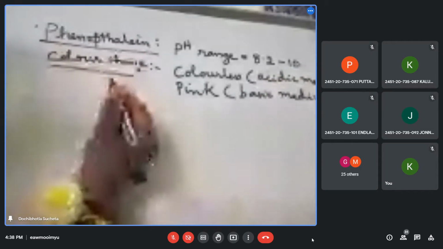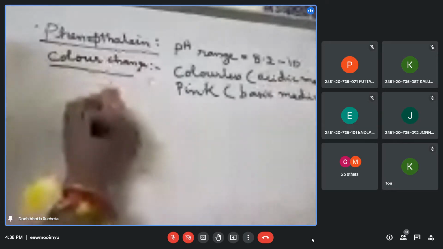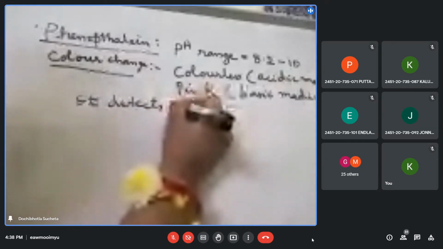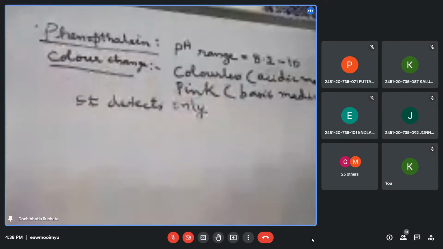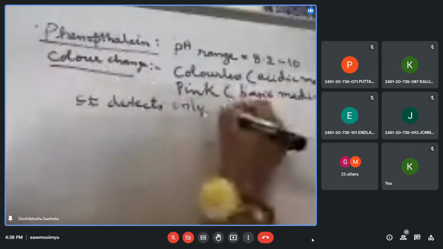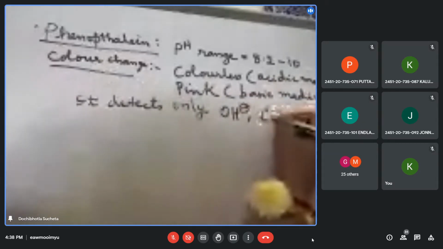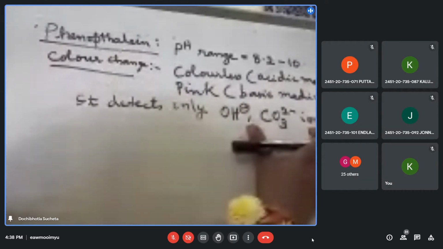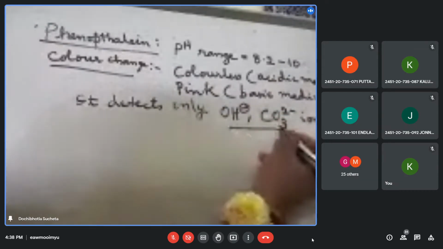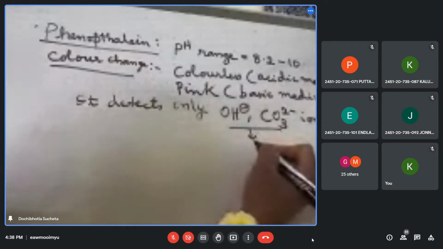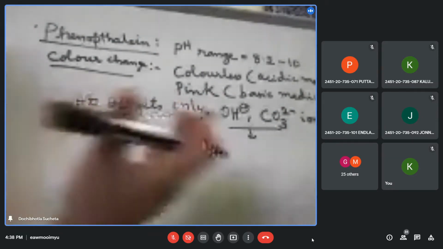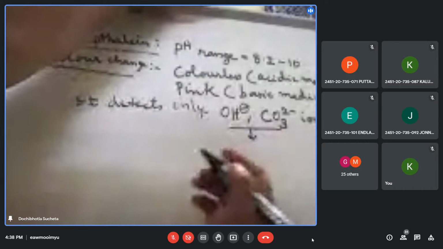So what else can it detect? It detects only OH minus and carbonate ions, which are strongly basic. These strongly basic ions are also called caustic ions, because the alkalinity they cause is caustic alkalinity.